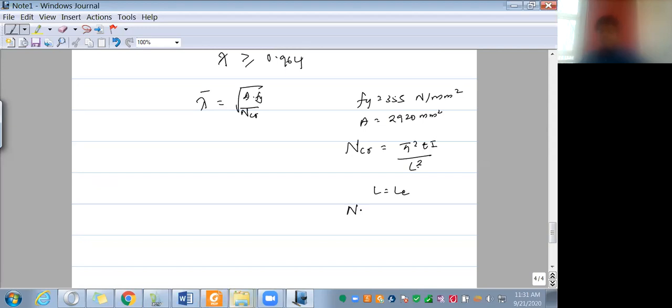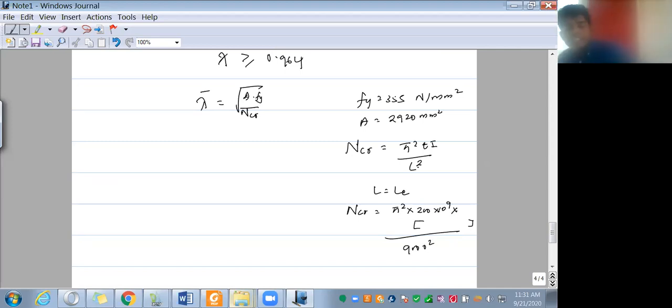So NCR, if you estimate, pi squared, E is 200 gigapascal, which we can consider as 200 into 10 to the 9 Newton per millimeter squared, into the I value, over LE, which is 9,000 squared.